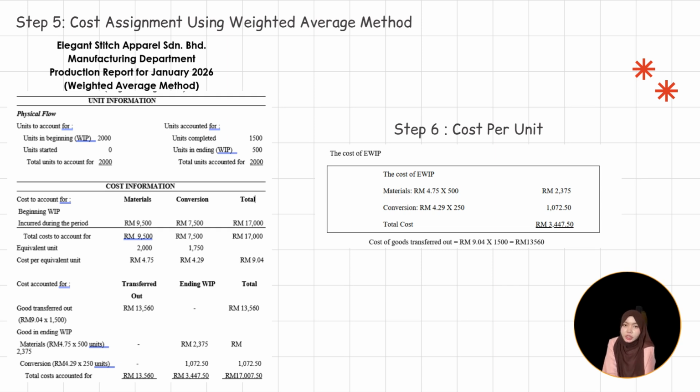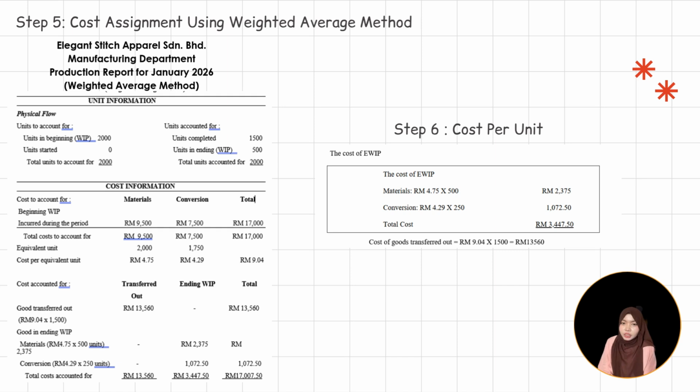In step 5, we assign the total cost to both the complete unit and the unit remaining process. First, for goods transferred out, we multiply 1,500 fully complete unit by the total cost per equivalent unit of 9.04 ringgit. This gives us a total of 3,560 ringgit for good complete.